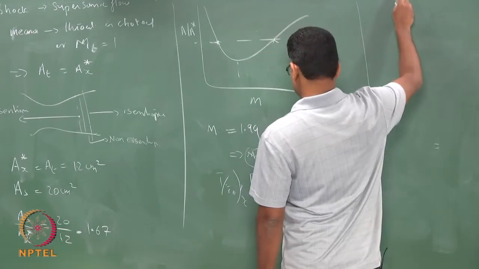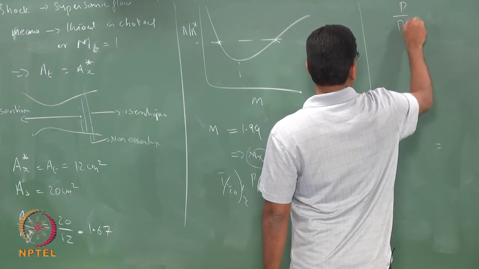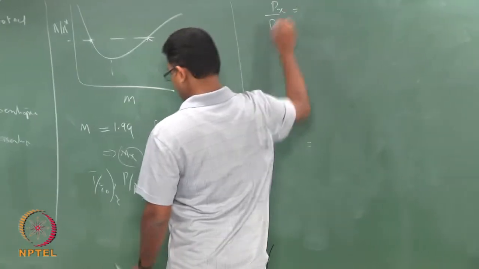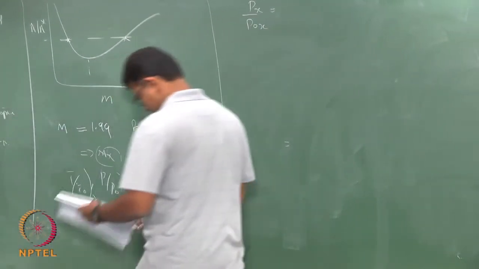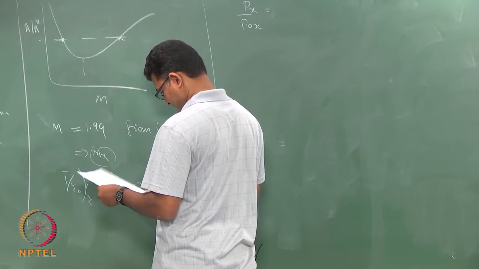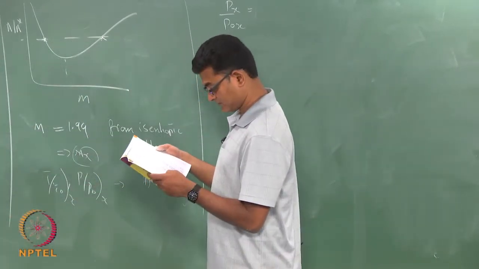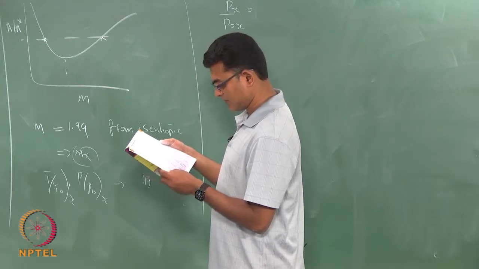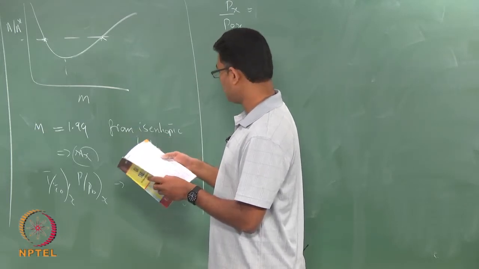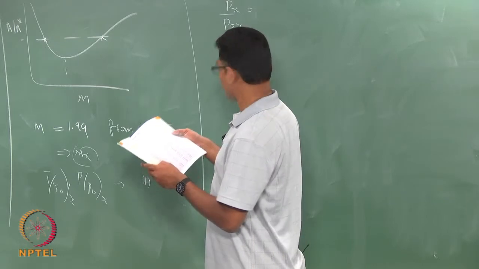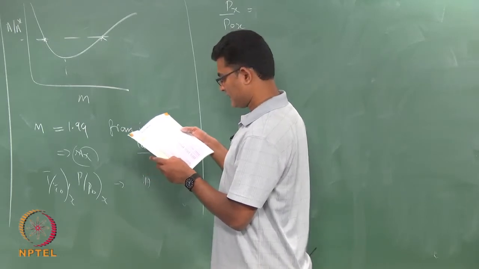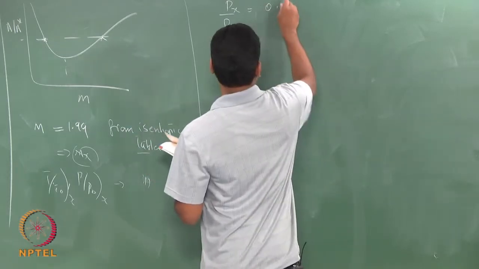So, Px by P0x, I take the tables at 1.99, Px by P0x is 0.129.